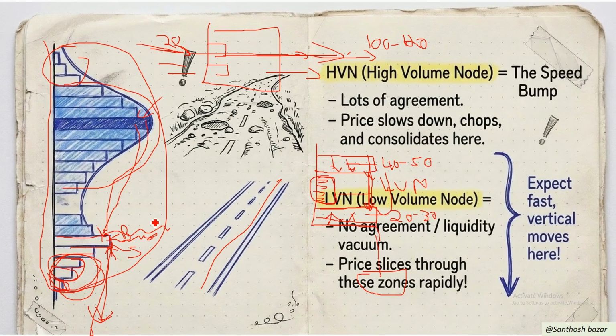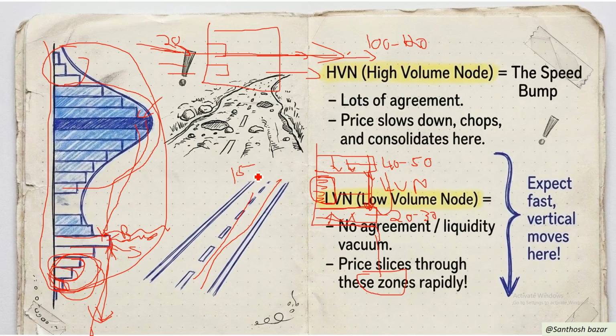Imagine you are trying to drive home quickly. Would you choose a road with 15 traffic lights, or would you choose a road where there are very few traffic light signals and no obstacles on that road?